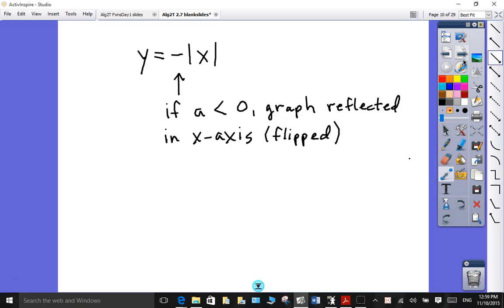And you could say flipped. Most of the time you just say flipped, but you've got to say flipped which way. Flipped in the x-axis. Flipped across the x-axis. Because you've got a minus sign in front, not a negative.